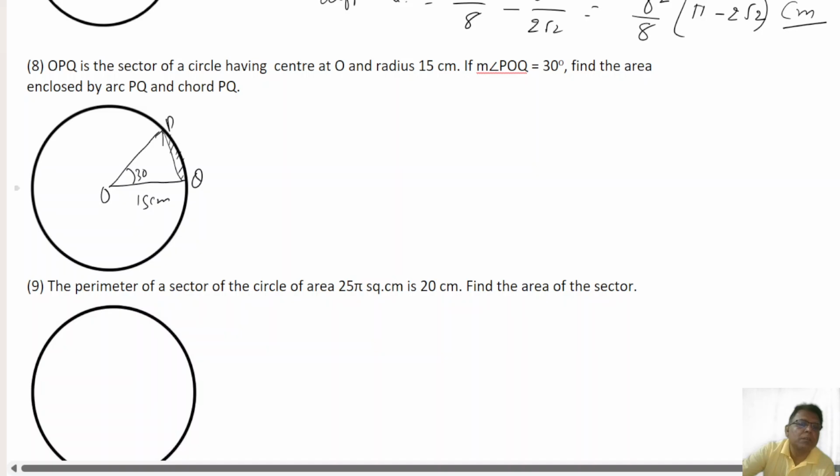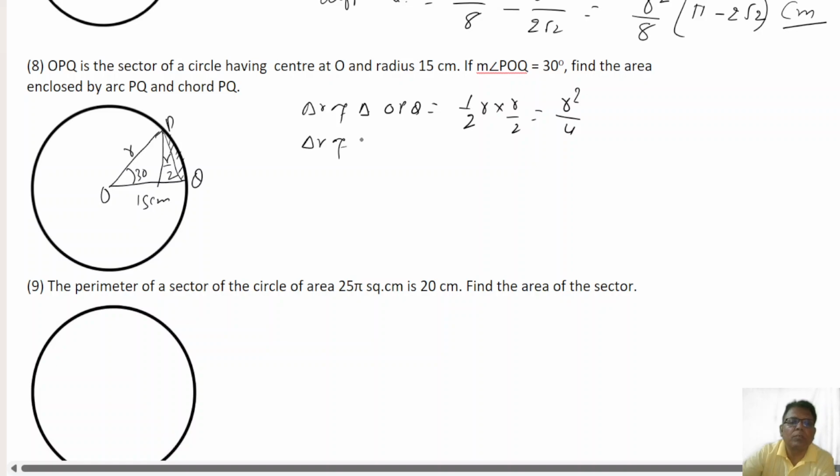This is 30 degrees, so if the hypotenuse is R, this will be R by 2, because it's a 30 degree angle. So the area of triangle OPQ is equal to half into R by 2 into R, that is R square by 4. Area of sector is equal to half r square theta. Theta is pi by 6, so that is equal to pi by 12 r square.